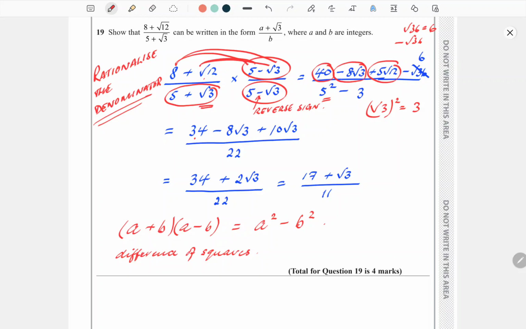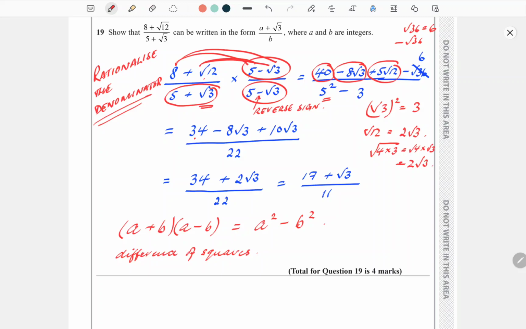Then you have minus 8 root 3, and plus 5 root 12. The root 12 is the same as 2 root 3 because it's root of 4 times 3, root 4 times root 3, 2 root 3, just to prove the point.